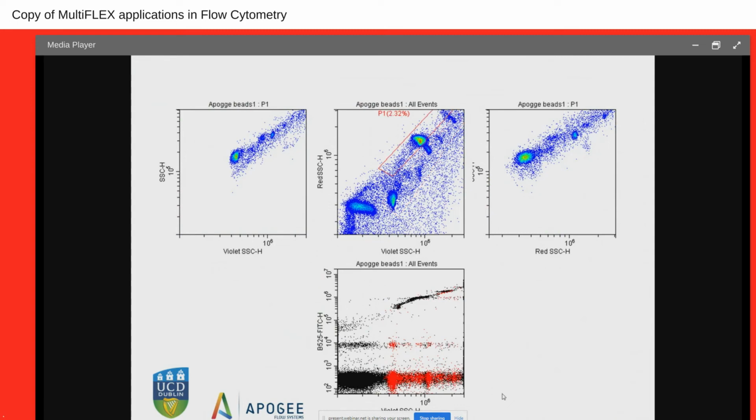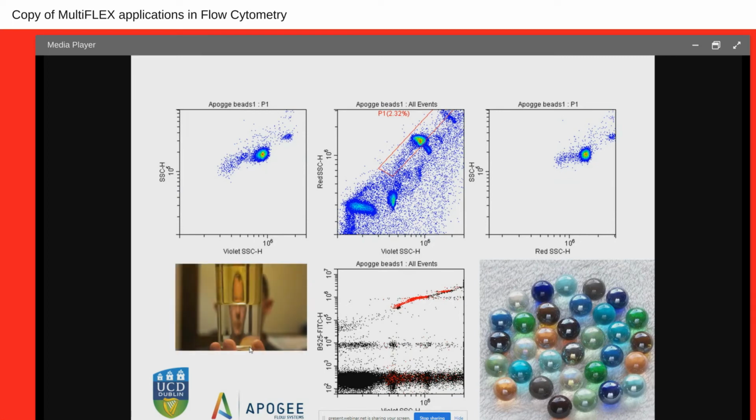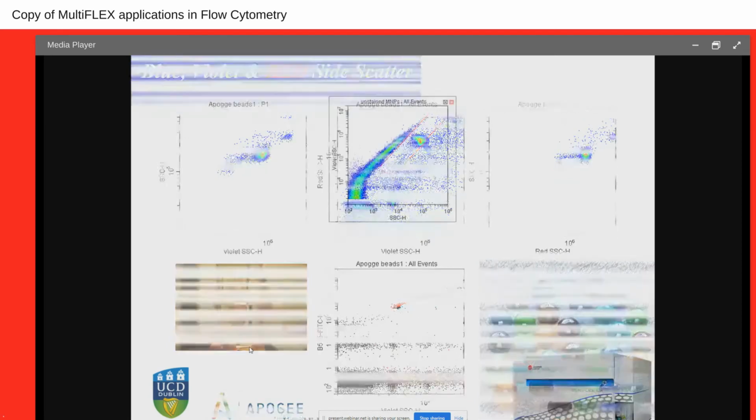And when we look at the top side, you can see here they are more red than blue or more violet than blue. Those are beads that have the coloring on the green. It makes sense because as soon as we have these marbles and we color them, the refraction index changes. And because the refraction index changes, this relationship of the different scatters on different wavelengths can be affected as well.